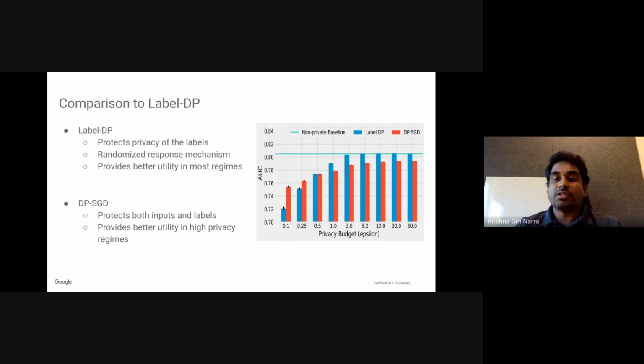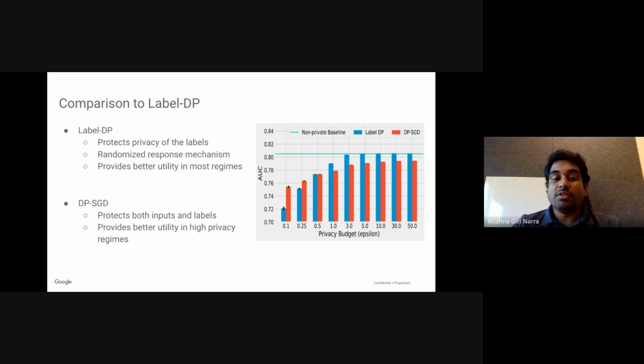Another comparison we did was comparing DP-SGD to another DP paradigm, which is label DP. DP-SGD protects the privacy of both inputs and labels, whereas label DP protects only the privacy of the labels themselves. We use the randomized response mechanism to get label DP here. What we notice, surprisingly, is that at very high privacy regimes, that is, at very low epsilons, DP-SGD outperforms label DP in AUC.